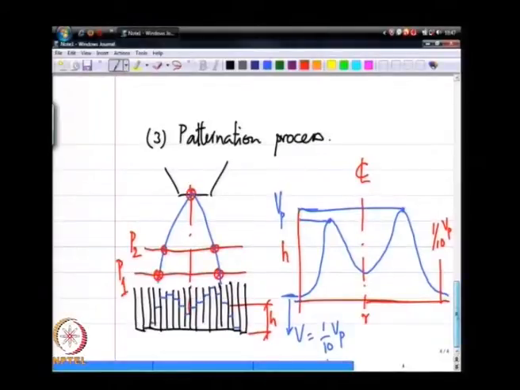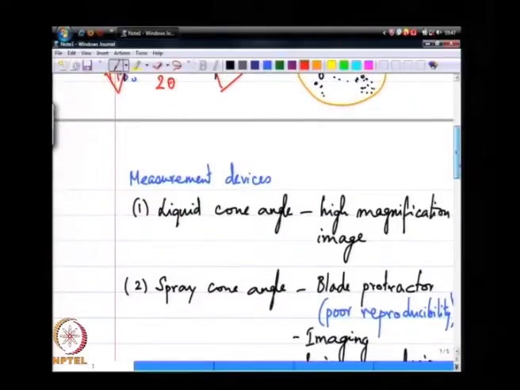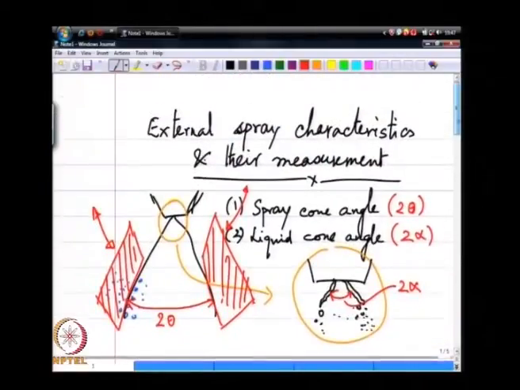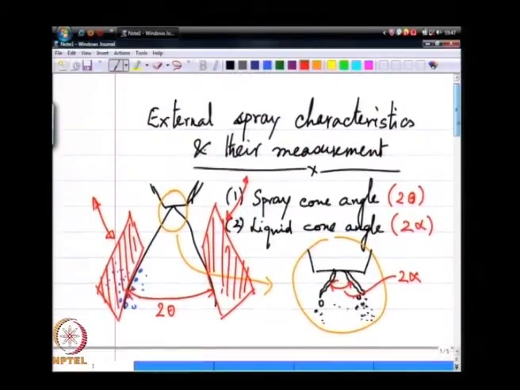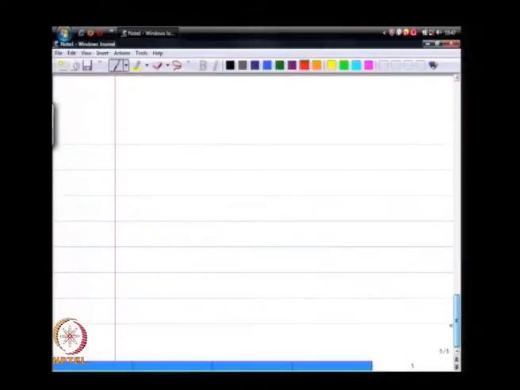Okay, so that brings us to the second spray characteristic. The first spray characteristic is this cone angle. So, spray cone angle and liquid cone angle, and the next spray characteristic is what we call spray pattern.